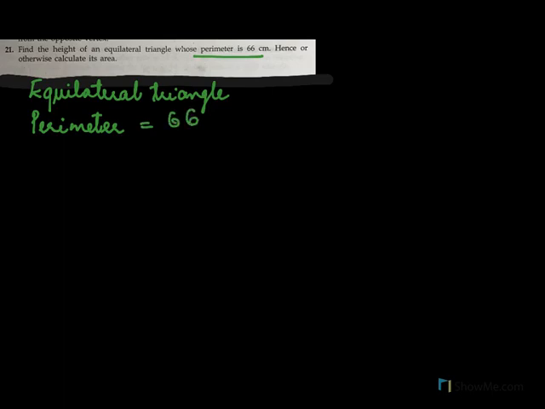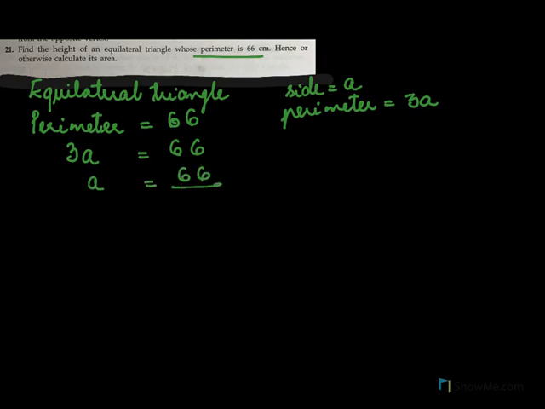In an equilateral triangle, if the side is equal to A, the perimeter is A plus A plus A, all three sides equal, so 3A. 3A equal to 66. So your A will be 66 over 3, which is 22 centimeters. Means your side will be 22 centimeters.